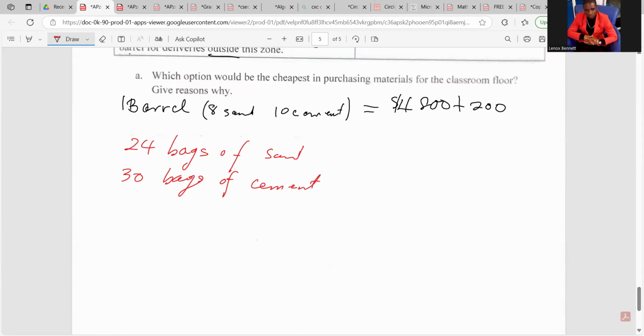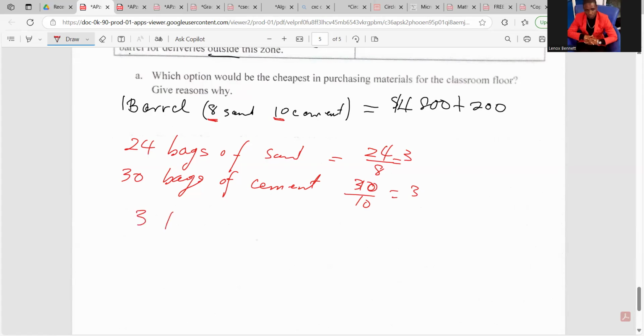Now, in the barrel, it says you get 8 sand. 1 barrel of 8 sand and 10 cement. So all we have to do now, to get how many barrels we need, is divide 24 by 8, and of course 30 by 10. This will give us 3. So what we need is just 3 barrels, because remember the barrels contain both of them.